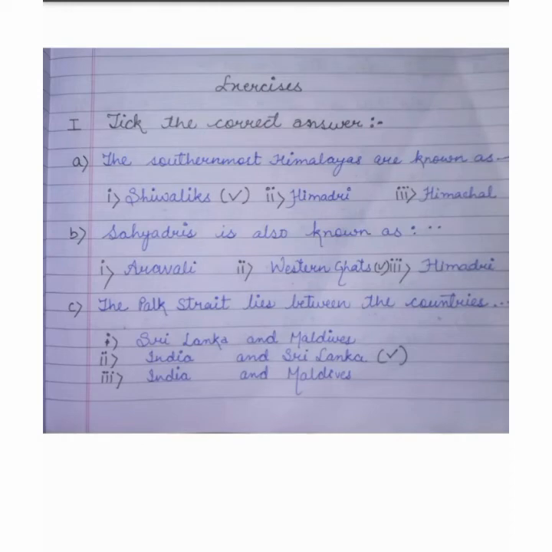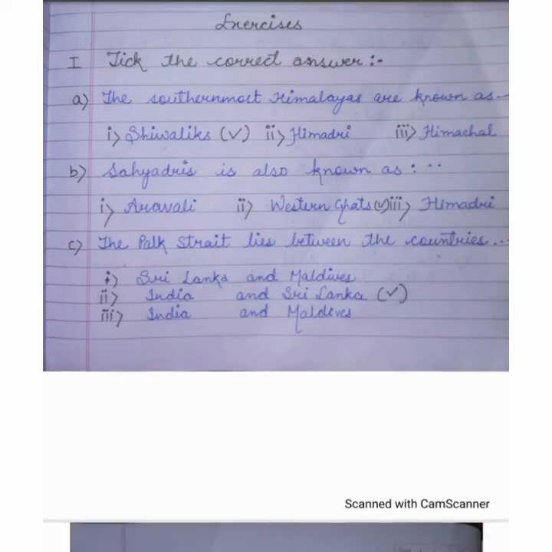Now, coming to the exercises. Choose the correct answer. The southernmost Himalayas are known as Shivalik. Sahyadris is also known as Western Ghats. The Palk Strait lies between India and Sri Lanka.